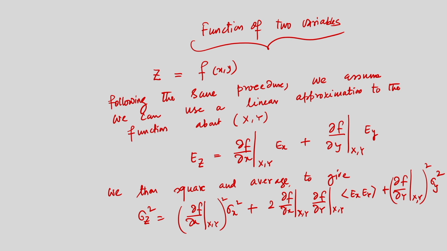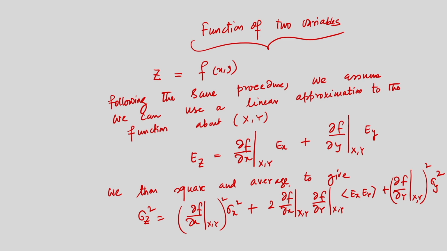So, if we now go to the next slide, I am doing this mathematical analysis. Following the same procedure, we assume we can use a linear approximation to the function of x and y, and then we can calculate the error in z, and we can then square and average to obtain sigma z square, that is the standard deviation.